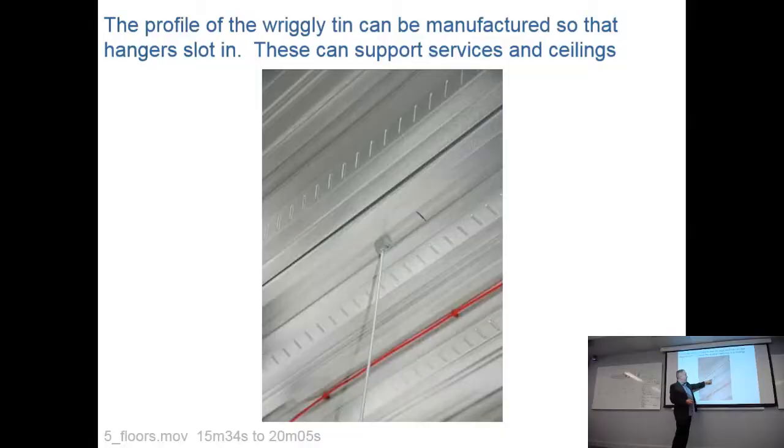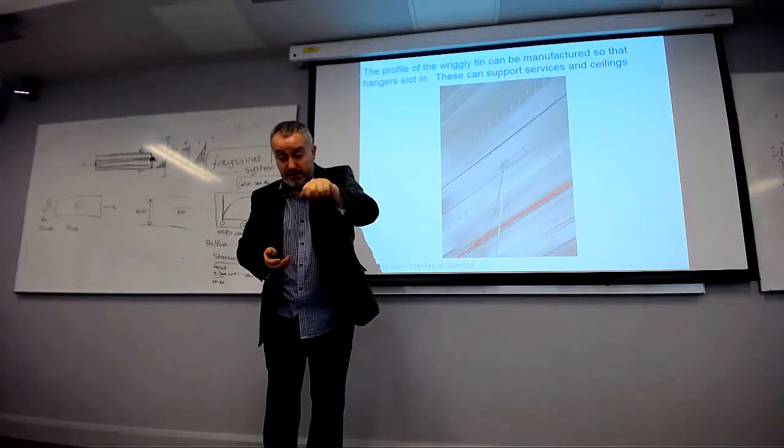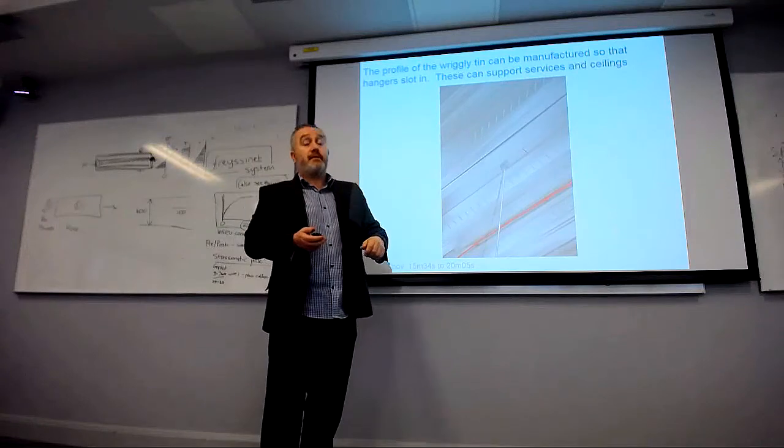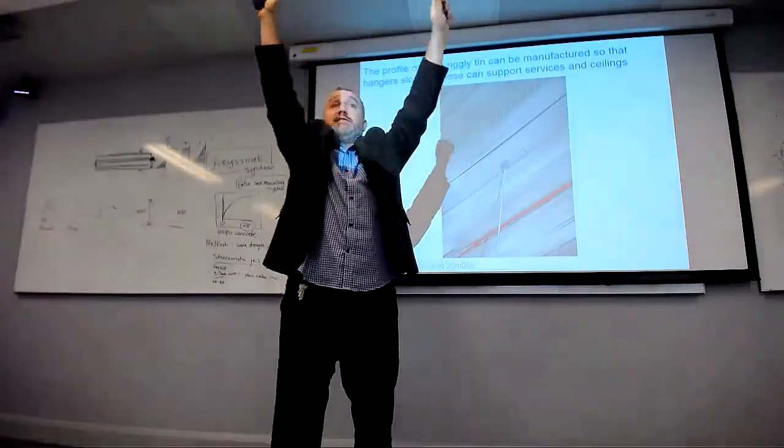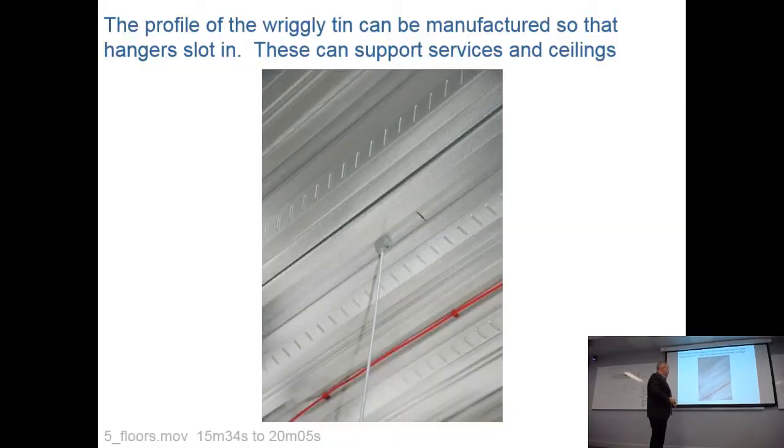But you can get fixings that you can just snap into place into the wriggly tin underneath, or sometimes the wriggly tin has holes in, so that when you're up above, you can get these straps that you just feed through little holes, and if you looked underneath, you'd see all these straps coming down. You can attach all of your surfaces quite easily underneath the wriggly tin. They tend to hide wriggly tin.